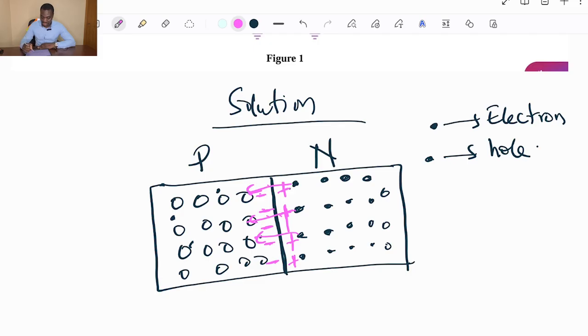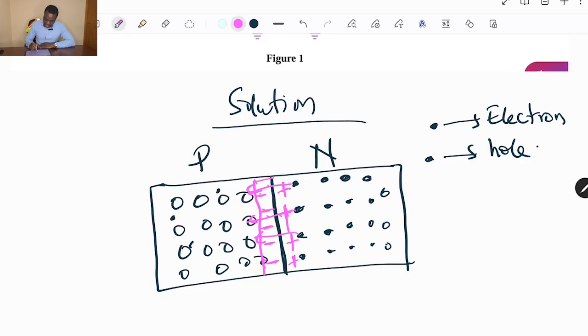As a result of this, there's going to be an electric field. Once you have even only one charge, you have an electric field around that charge. So imagine you have a lot of ions along the PN junction. This kind of electric field, formed as a result of the positive and negative ions, we refer to as an electrostatic field.